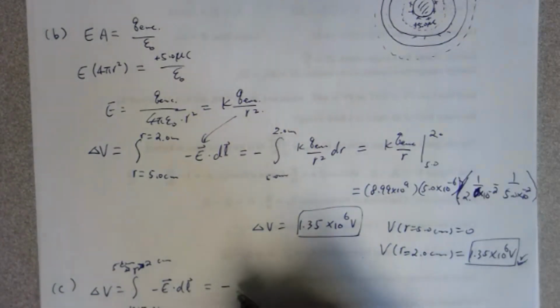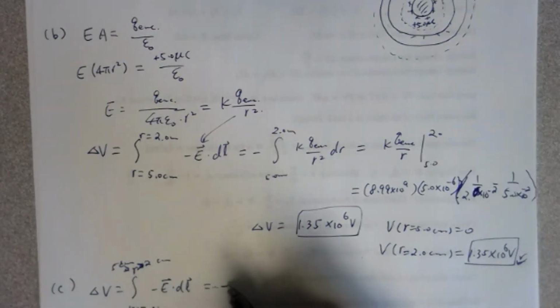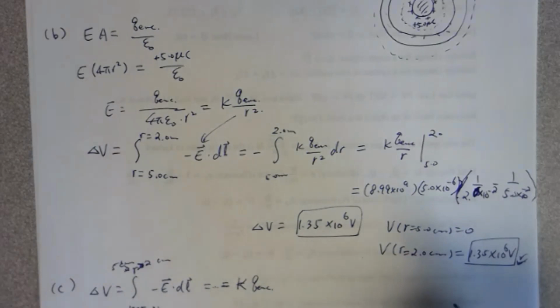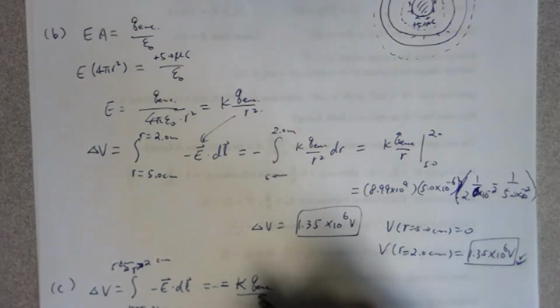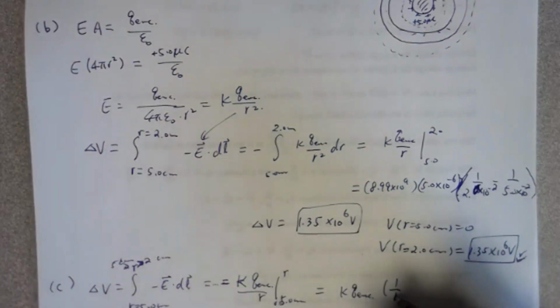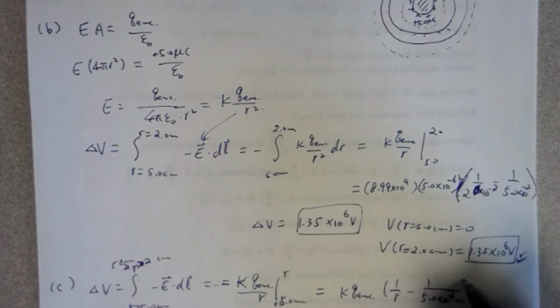But I'm not going to repeat that. This is going to be equal to minus, or actually it's going to be KQ enclosed over R, and then from R equal to 5 centimeters to R. So this would be KQ enclosed times 1 over R minus 1 over 5 centimeters, okay, in that case.